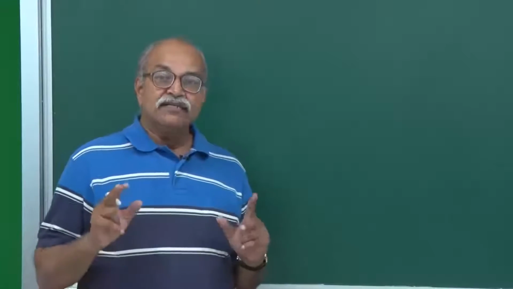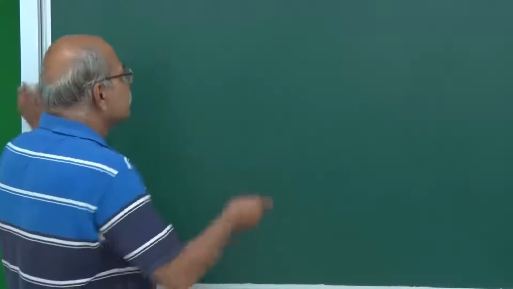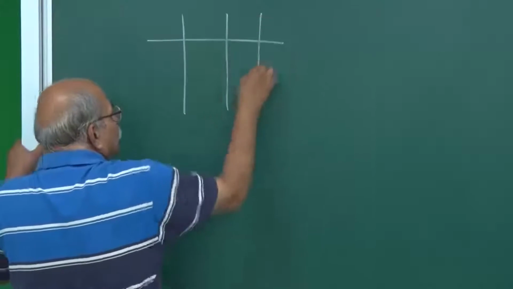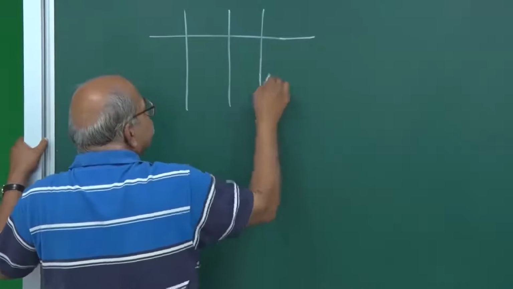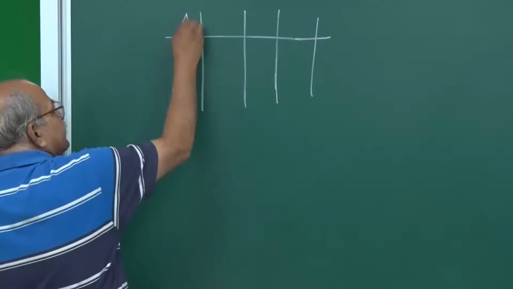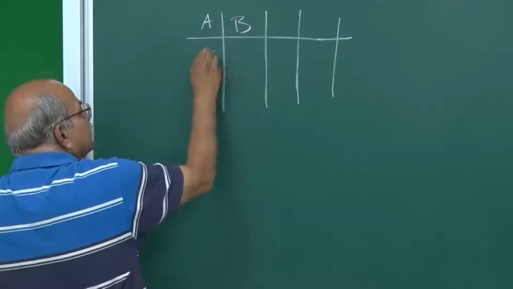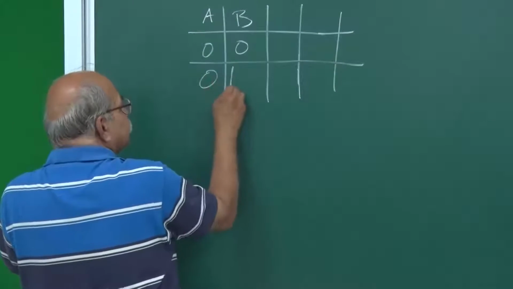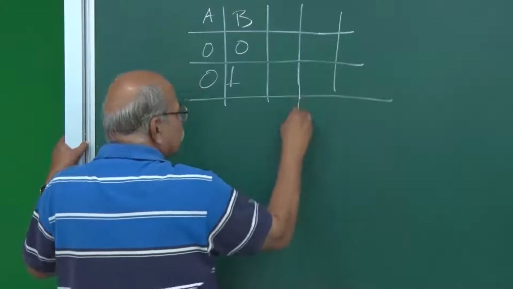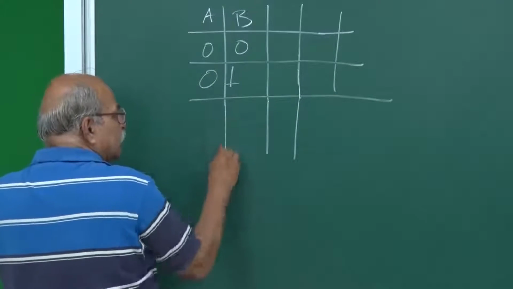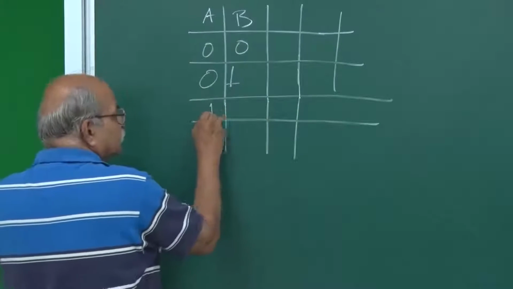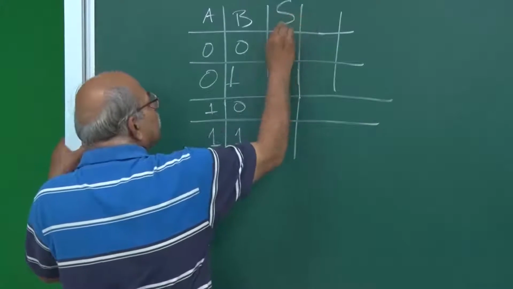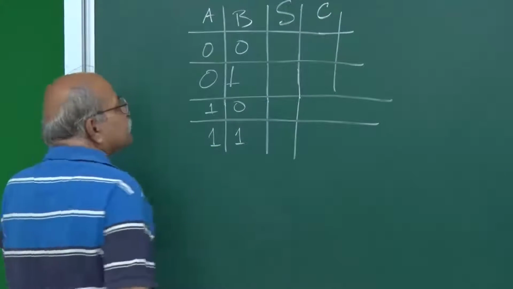So, when you add two binary digits, you have two output results, and this is let us say A, this is B. So, it can be 0 0 or 0 1 or 1 0 or 1 1, and then you have sum and then you have carry.